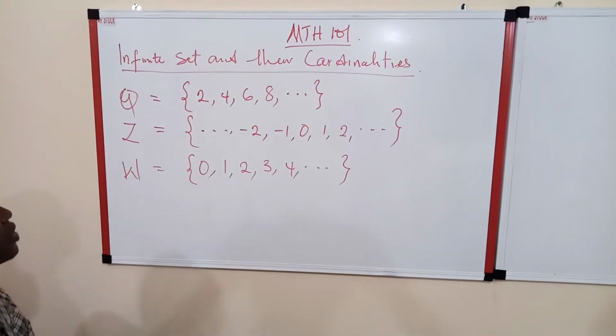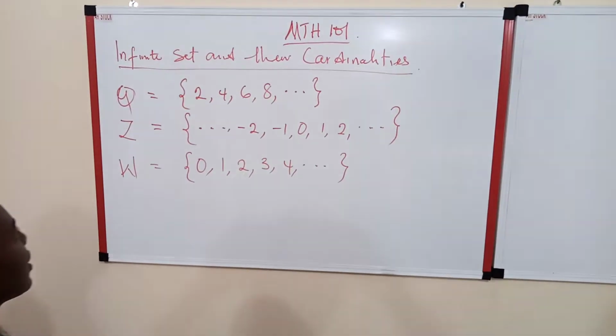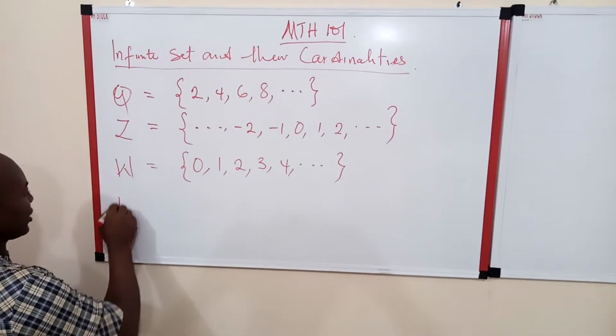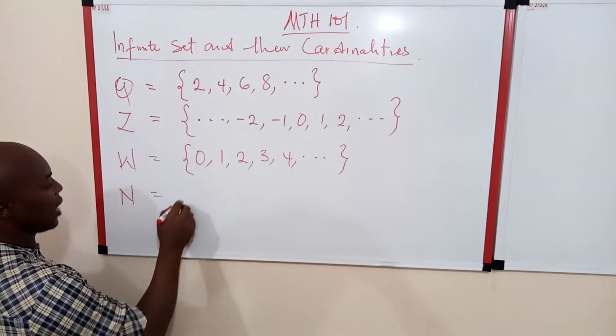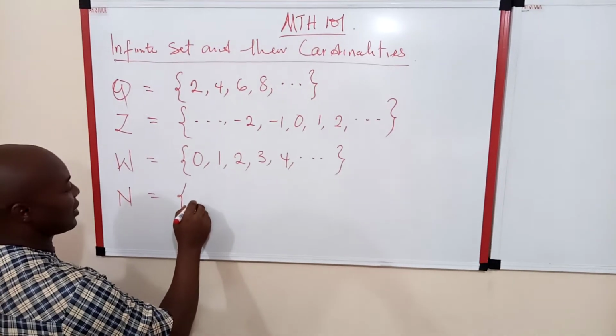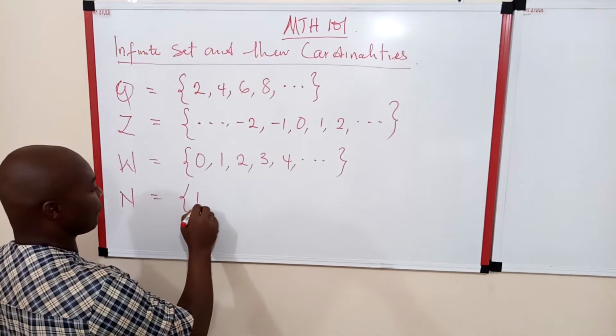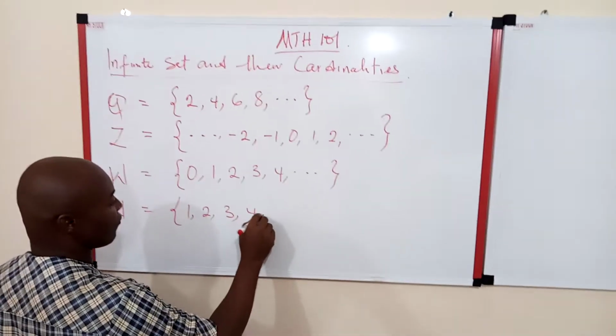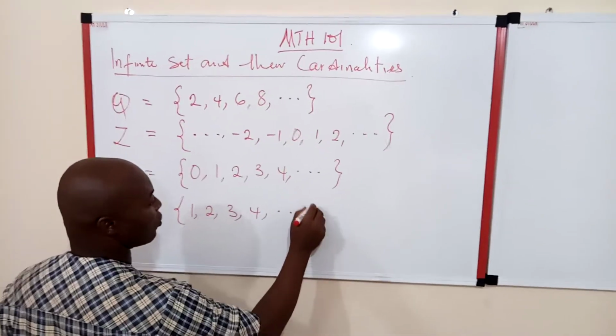Another example is the set of natural numbers. Let's use N to denote that. That set consists of 1, 2, 3, 4, and on we go.